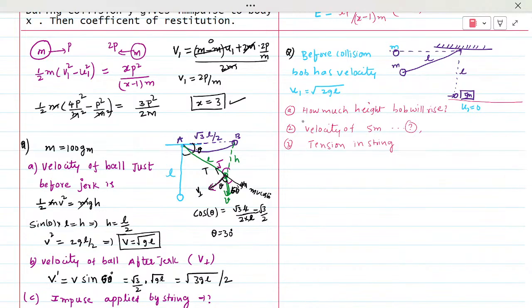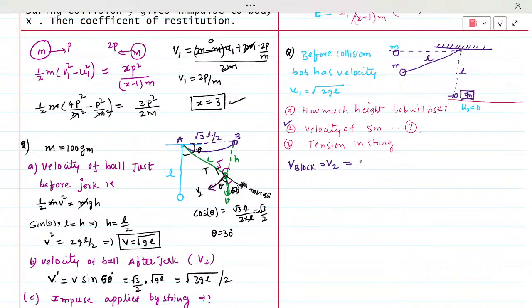So U1 is there, U2 is there. First, to find the answer for the second question, the velocity of the block, that is V2. The V2 formula, here elastic collision, therefore e is equal to 1.